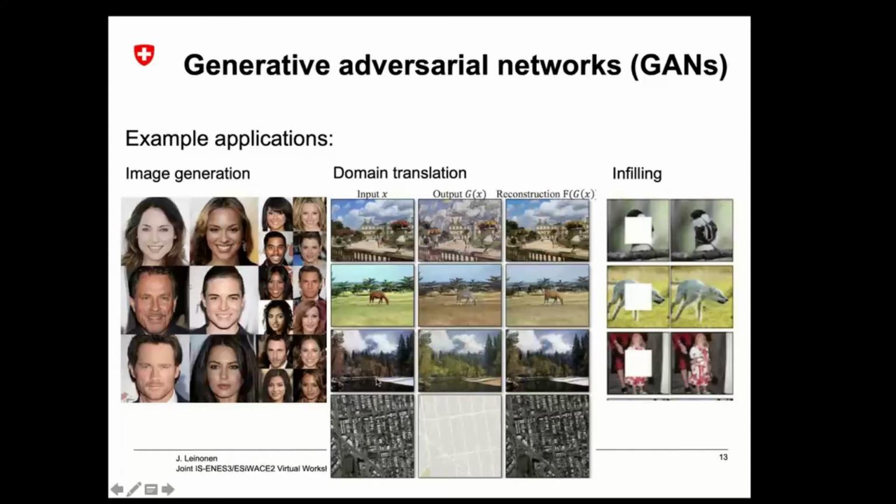And in the bottom, there is a network that has learned to transform landscapes from winter conditions to ones in summer conditions. And then a final example here, we have infilling. So we're taking images that have part of them missing, and then we have the GAN try to fill in the missing part of the image.